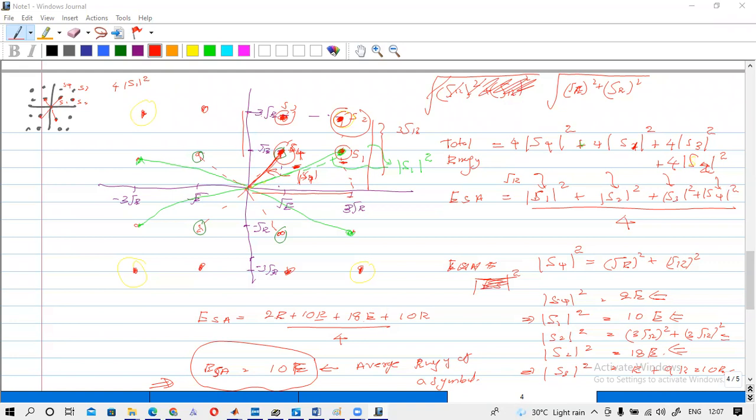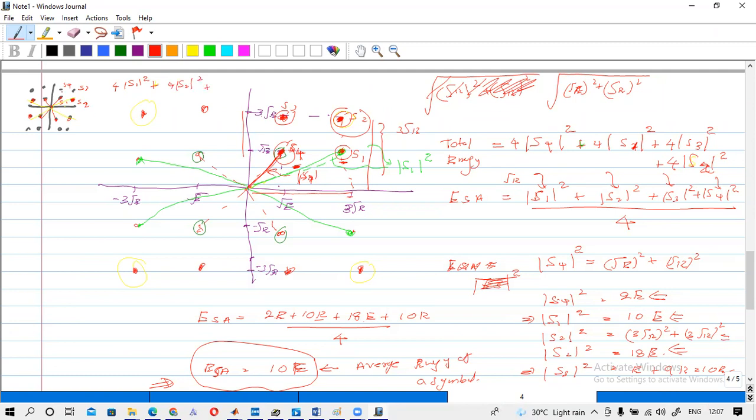If you consider this symbol S2, you can see that this symbol distance, this one, is the same. If you draw a line from here to here, here to here, and here to here, those are the same. So you will have the same energy for these 4 symbols. So you can write 4 S2 square.